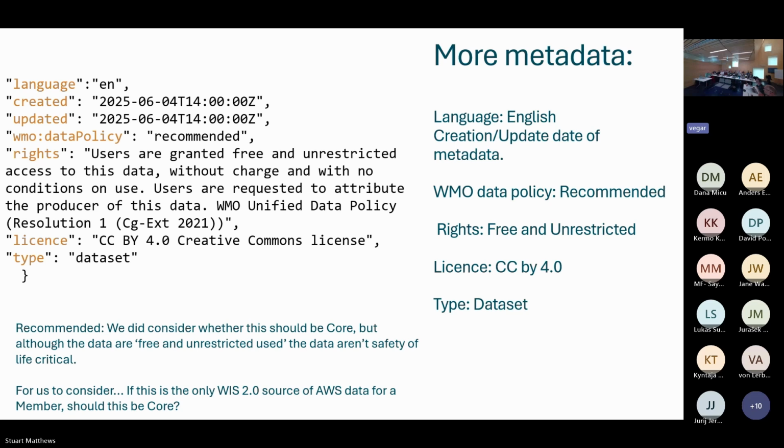So for those who didn't hear, core data has to be in BUFR, certainly for the land surface observations, whereas recommended doesn't have to be BUFR. It can be whatever format. So again, that's something with ESO. We can create BUFR, but that's not what we're saying the data are.